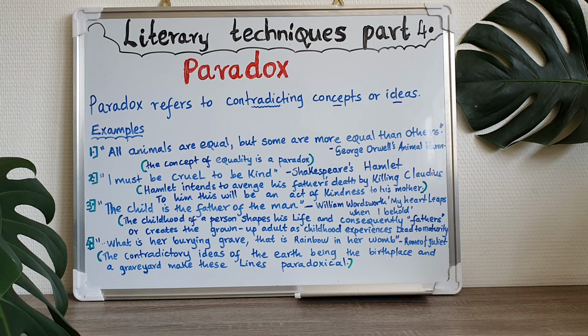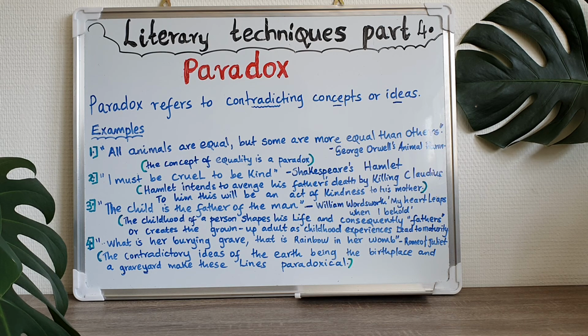And therefore, we can talk about the idea of paradox, the contradicting concepts or ideas of life when we're talking about the birthplace, because we're talking about a womb, and then we're talking about the idea of death, because we're talking about a graveyard. We have these two contradicting concepts, and that's why we're talking about a paradox.